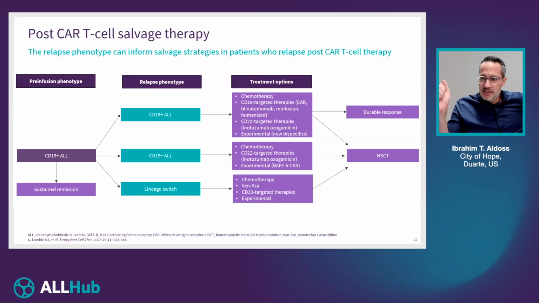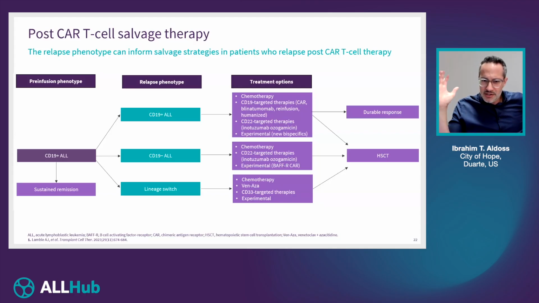Looking for other CD19-targeted therapy, maybe humanized CAR, blinatumomab. There's not a lot of data that blina can salvage relapse after CAR infusion, and humanized, as we mentioned, has its own limitations. Looking for other targets like CD22-targeted therapy, inotuzumab.